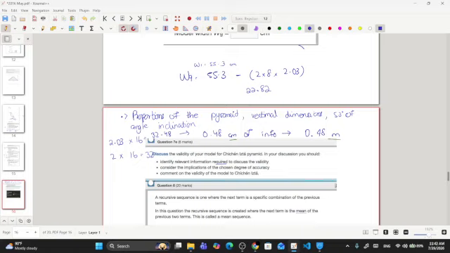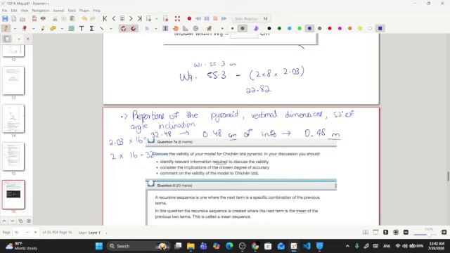Make sense? So this is the implication. This is the problem. Implication basically means the problem or the negative effect. So we can say that 0.48 meters is too much, right? It's a lot of information that has been missed out on.